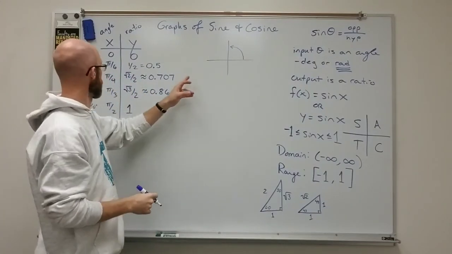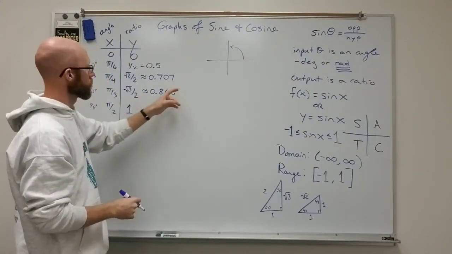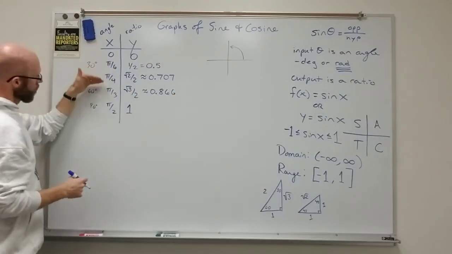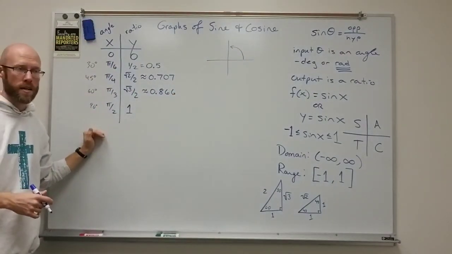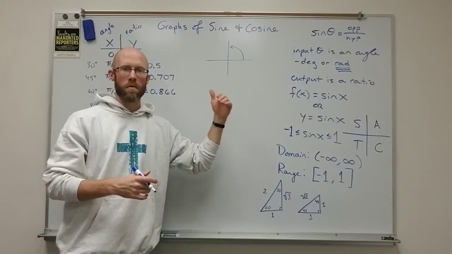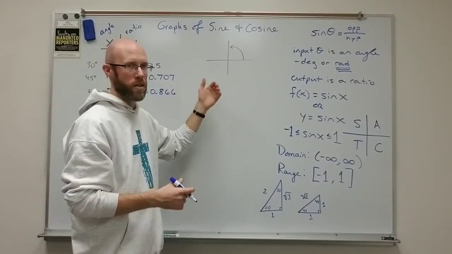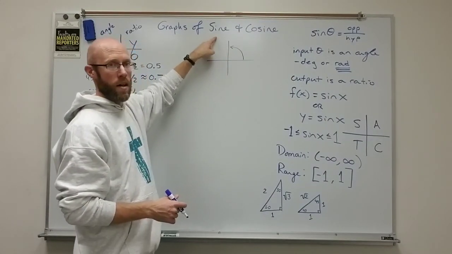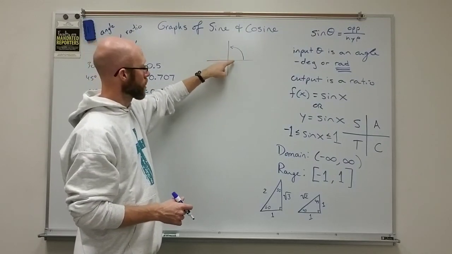If I were to go with another 30-degree angle, remember, when we add our pi's here, our radian measures, we can do them in increasing fractions. If I want to go to a 60-degree angle over here, that would actually be a 120.